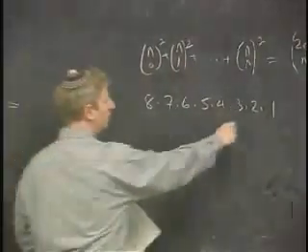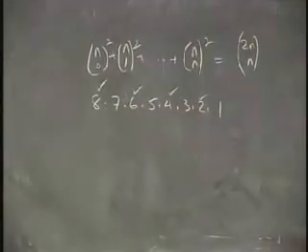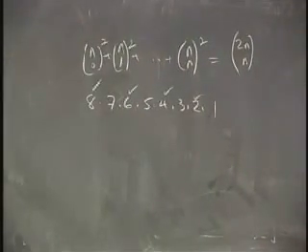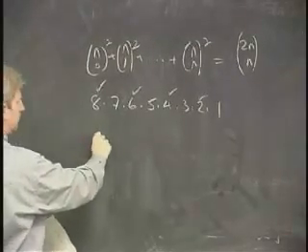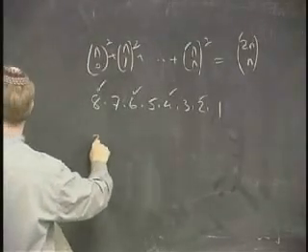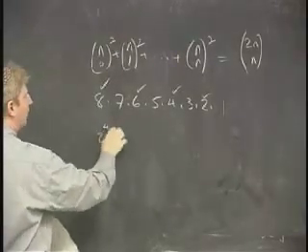I could pull out a 2 from all the even terms. Right? If I do, what happens? What do I get if I do that? How many 2's do I pull out? N in general. In this case, 2 to the 4th.